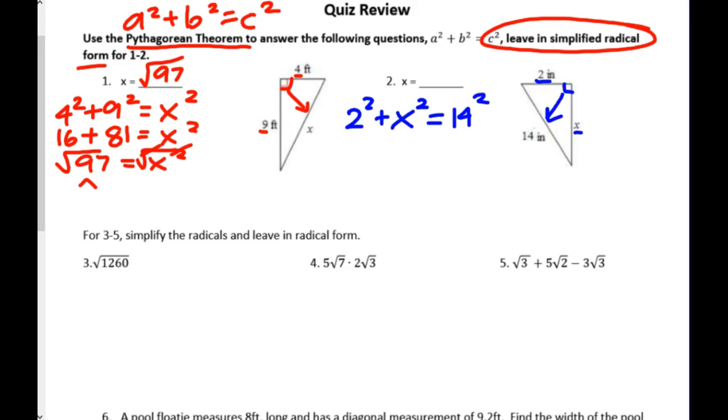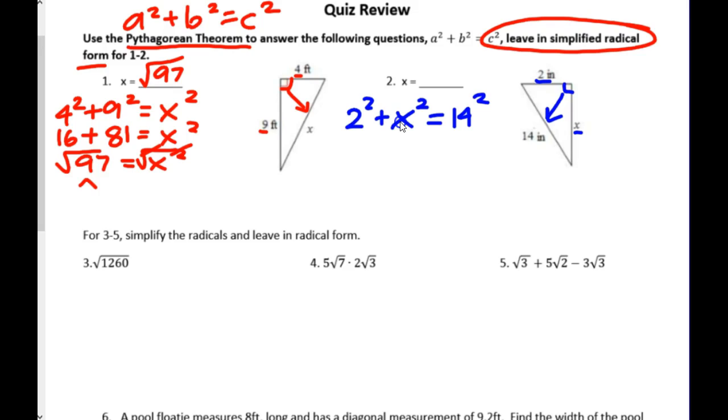Okay, so I want you to see the difference. I want you to notice on number 1, X was the hypotenuse, so that was my C squared. On number 2, X was a leg next to 90, so it was not C squared, it was B squared, okay? So there's a different location for X depending on the problem.